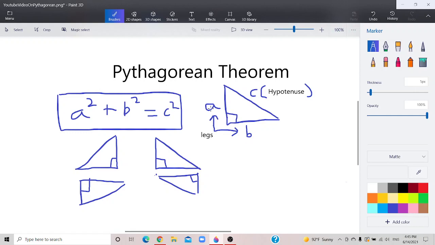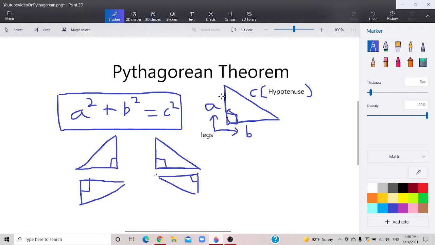So, I have a diagram here of a right triangle, and there are two sides here, and we can tell that these are the two sides that are making up the right angle, as we can see here.